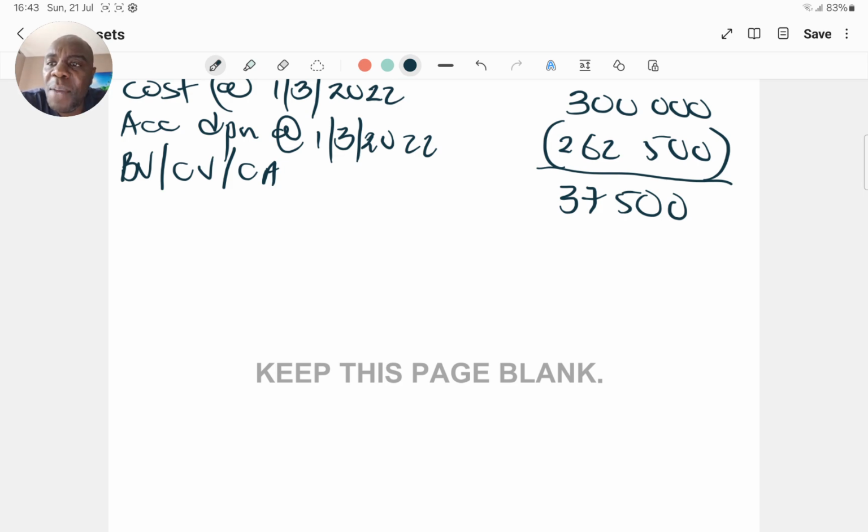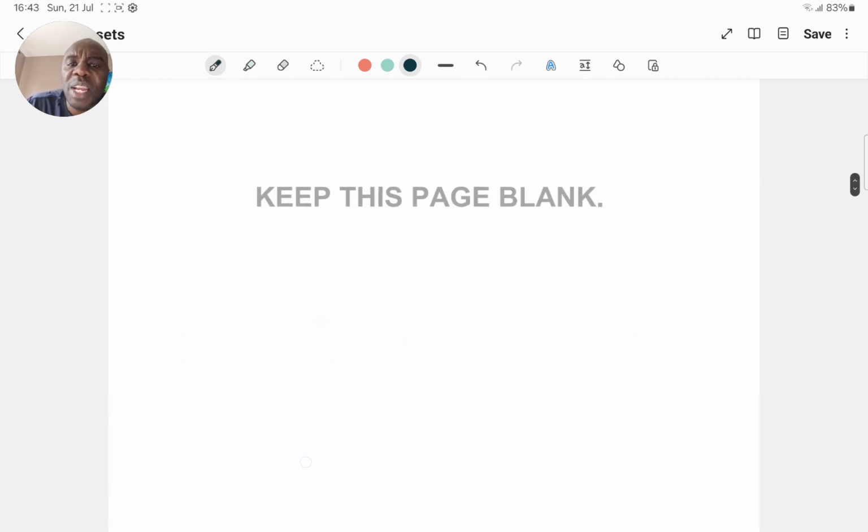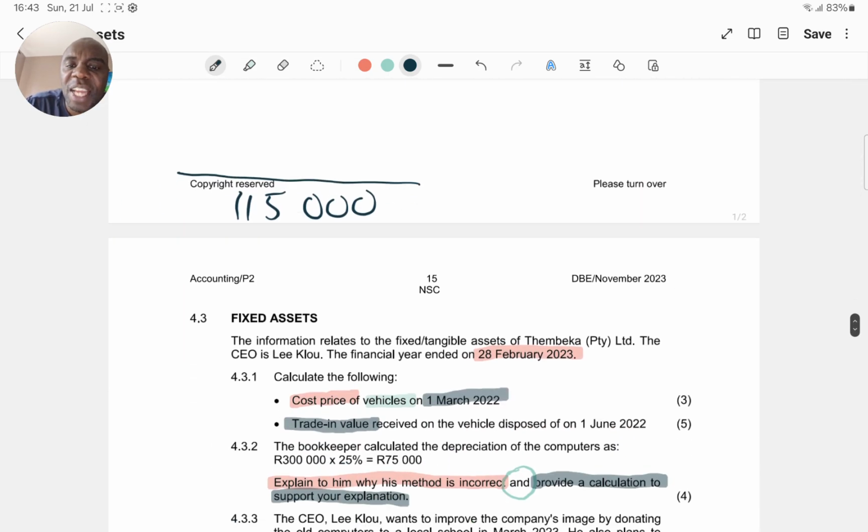Then we used them until the 1st of March 2022, and they had lost 262,500. So at the beginning of the current financial year, the book value of these computers is 37,500.